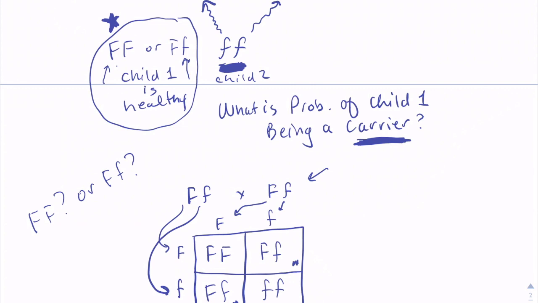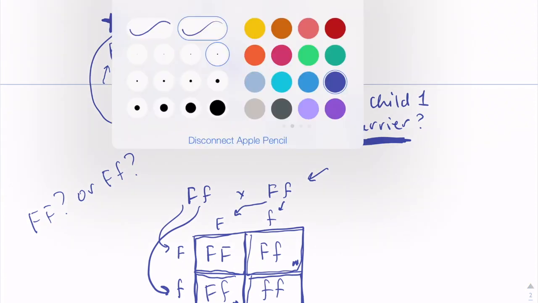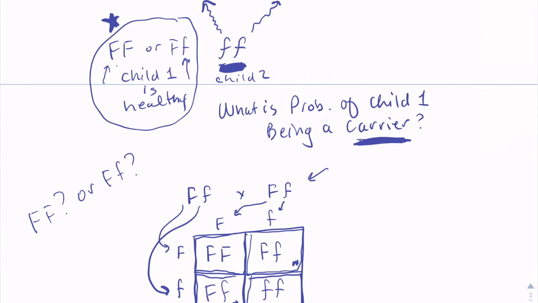Out of these 4 boxes here, we can eliminate one of those boxes. Think about which of these 4 boxes we can eliminate.